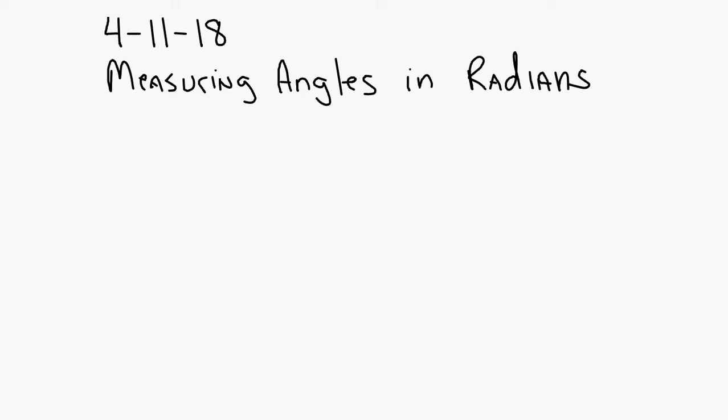So, to me, the easiest way to remember all of this is that 360 degrees is equal to 2 pi radians. 360 degrees equals 2 pi radians.